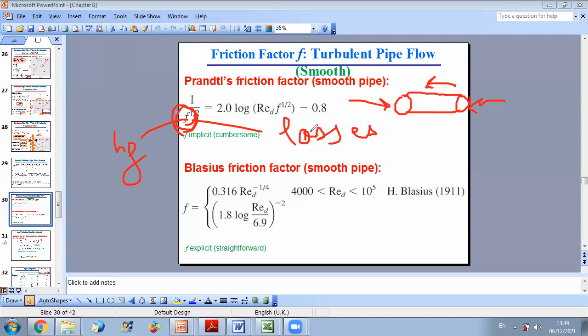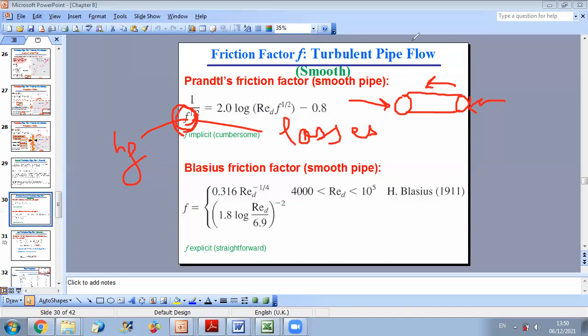By performing experiments, we can relate this friction factor to the Reynolds number if a pipe is smooth, and to Reynolds number and roughness if a pipe is rough.